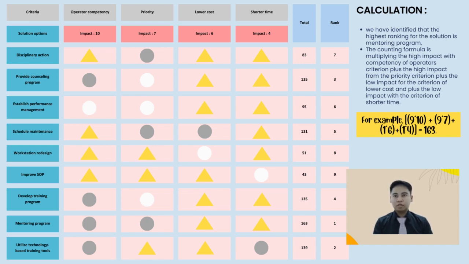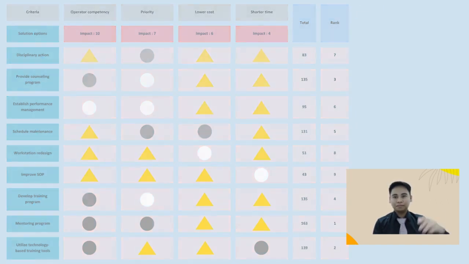For example, in the formula above, to achieve substantial advancement in the company's process, it is crucial to prioritize the implementation of the mentoring program. Among the 9 solution options, the mentoring program holds the highest ranking. So by giving priority to this solution and taking action on it, the company can expect significant improvements.